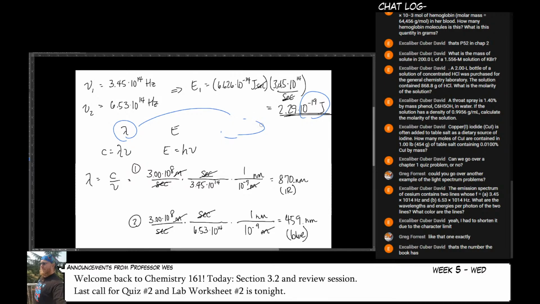I'm going to erase this part because I need the space here. So the energy of photon 2 would be the same process, times the other frequency.